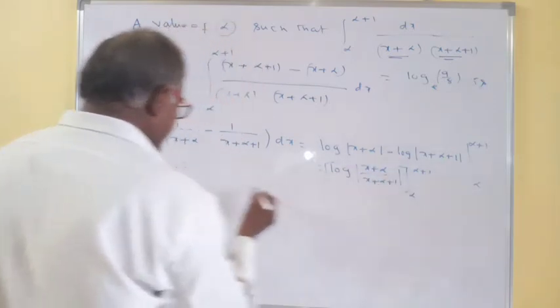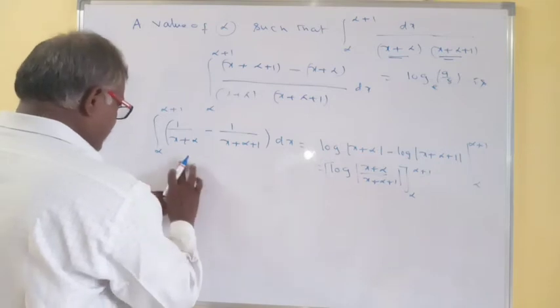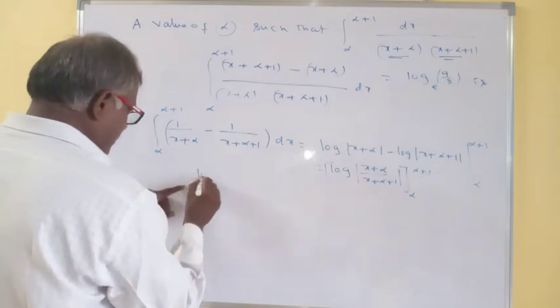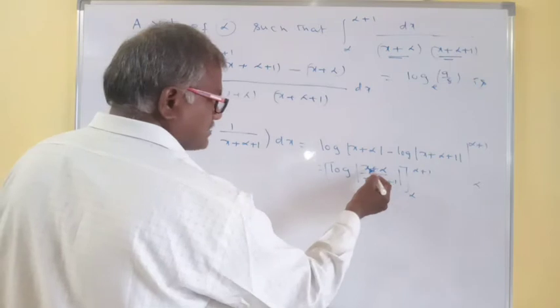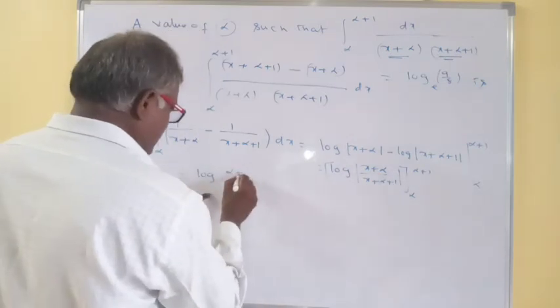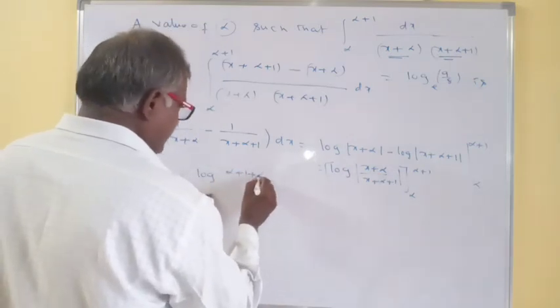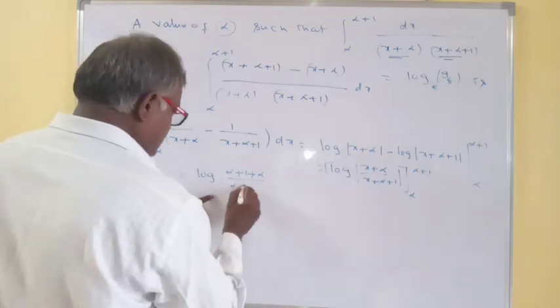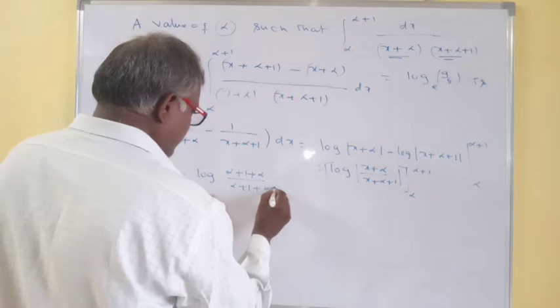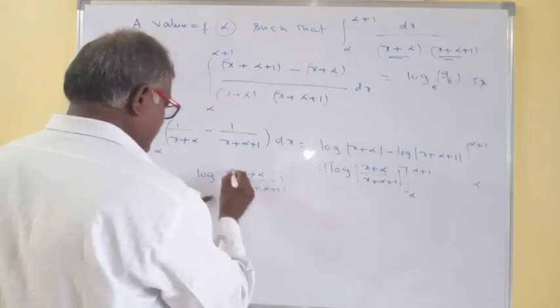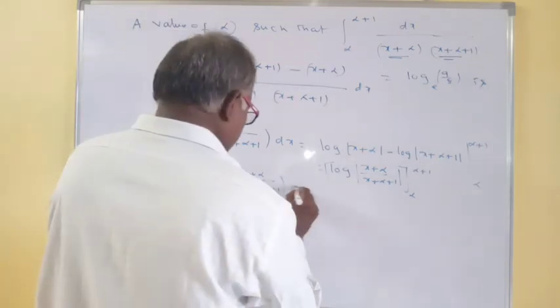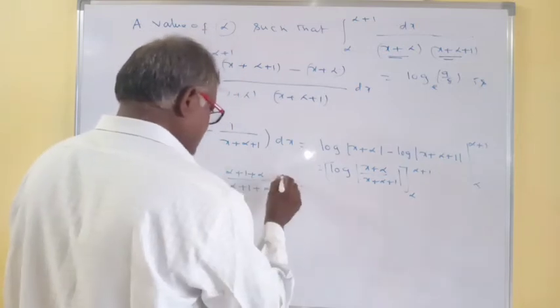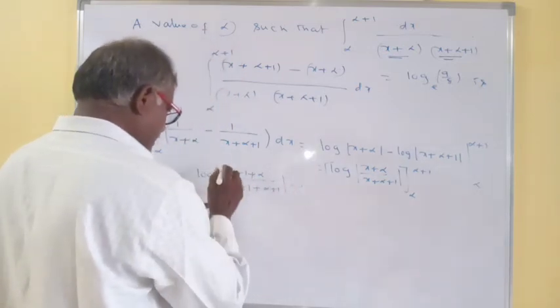So now substitute the upper limit: in place of x, alpha plus 1, plus alpha, by alpha plus 1 again, alpha plus 1. Next, the minus modulus is there, no problem.